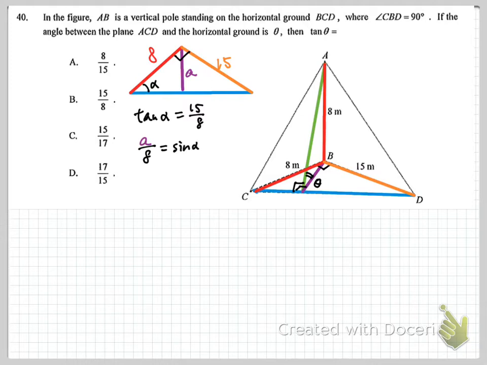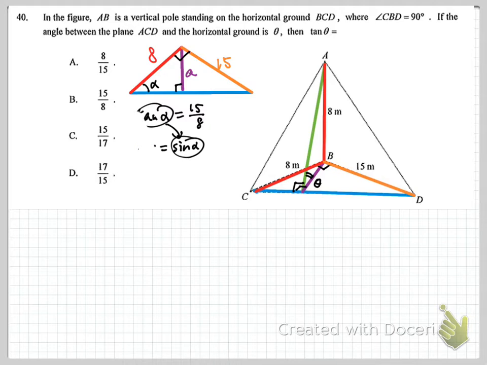Using this 90 degrees, we obtain the tangent ratio. Using this particular right angle, we can find the sine ratio between A and the number 8. The only problem is that this is sine alpha, this is tangent alpha, so we have to find the sine alpha from the tangent alpha.